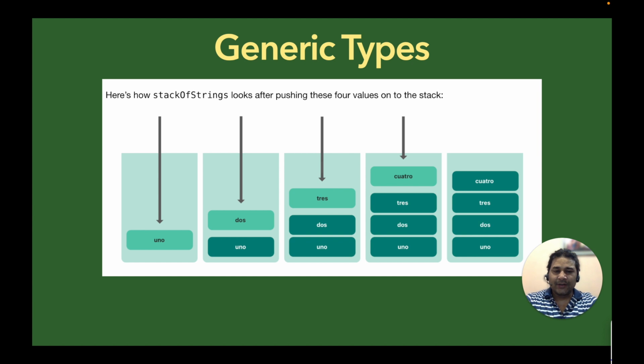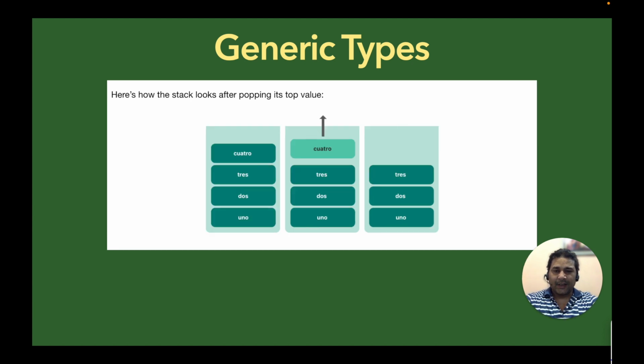The values are always added on the top of the stack, and the stack also shows that after popping its top value, the pop operation is always performed on the top of the stack. So now let's begin practically how we can implement the stack in our application.